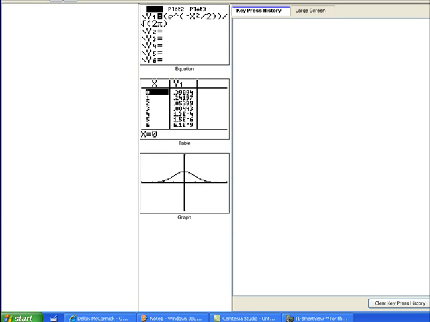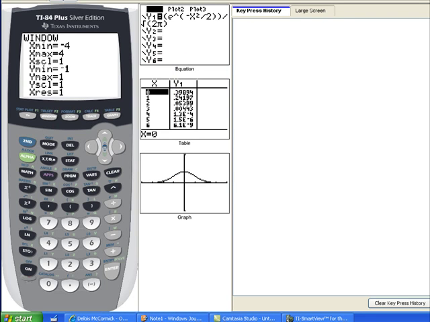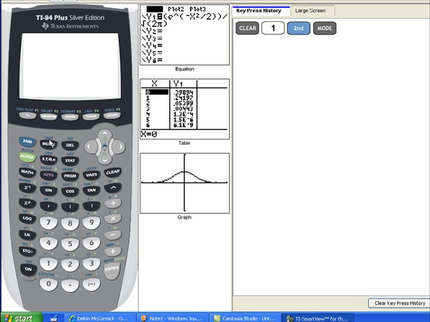We have a Z interval and a T interval. Those are not what we want. We don't have two samples. What we want is the one proportion Z interval. We're doing an estimation of a proportion with a confidence interval. So that's the one we want. I'm going to click on Enter.